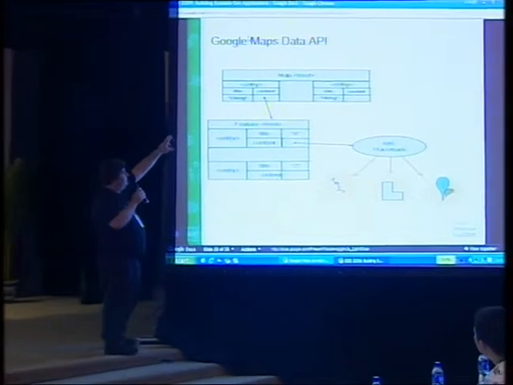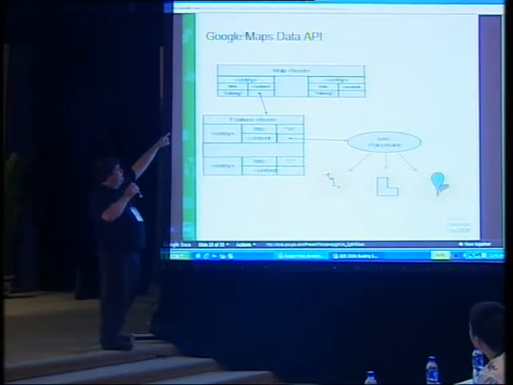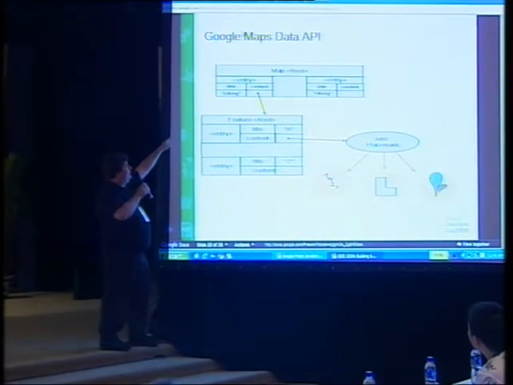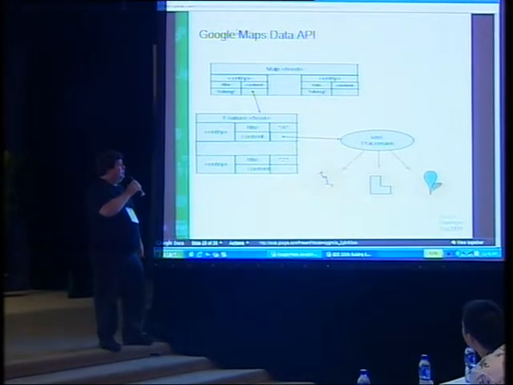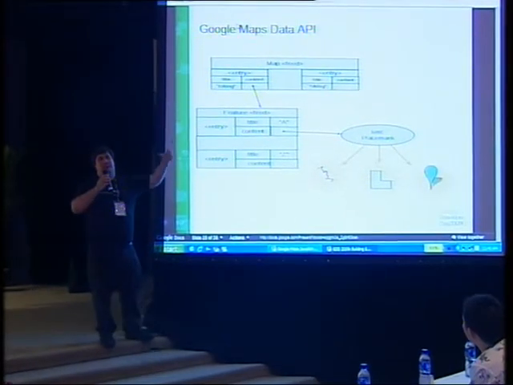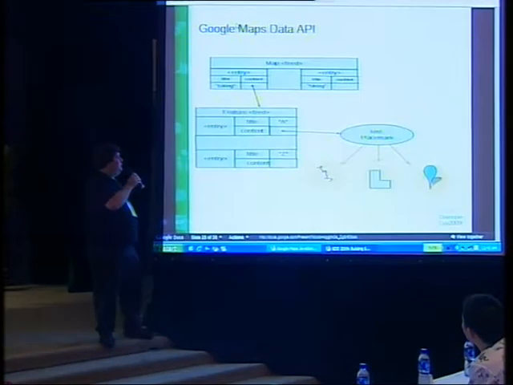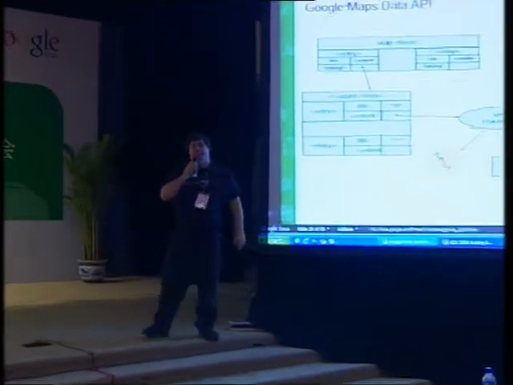I'm sorry, there's a maps feed and there's a features feed. Each map contains a feature feed. Each feature feed contains a number of entries which have the standard Atom publishing protocol attributes, and as well contain a KML placemark.